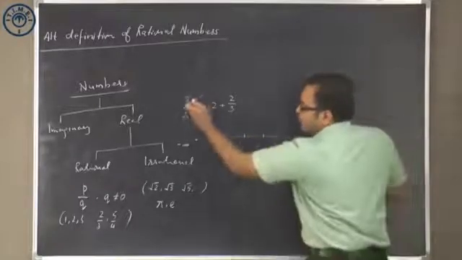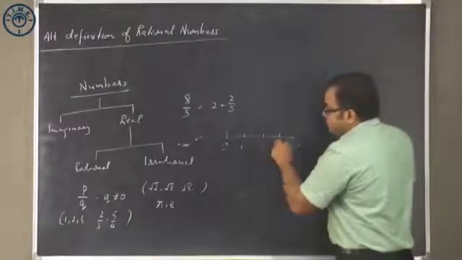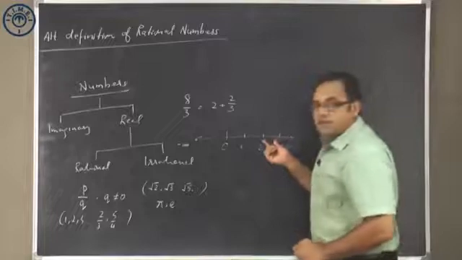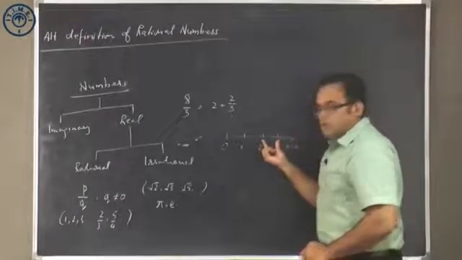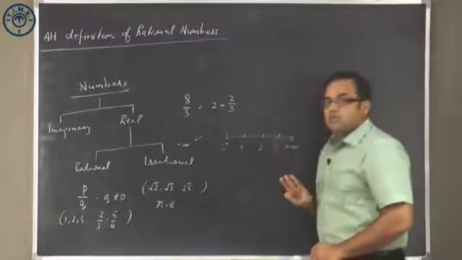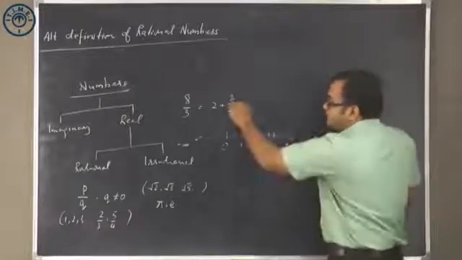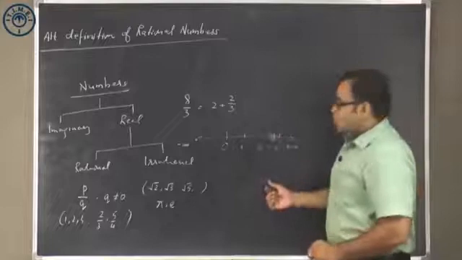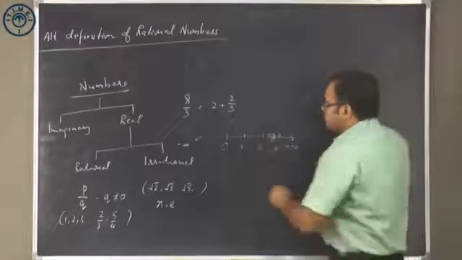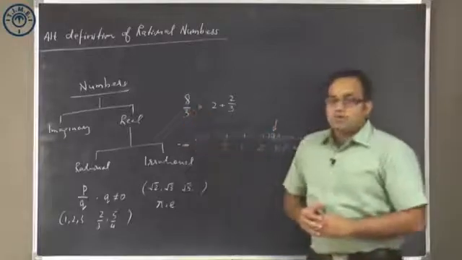If I have to count 8 upon 3, 1, 2, and then over here I need to take 2 by 3. For 2 by 3, I'll divide this range 2 to 3 into 3 equal parts, and having divided this into 3 equal parts, I will take 2 portions from here. So this becomes 2 upon 3. Overall, 1, 2, 2 upon 3. So this is precisely the point that will represent 8 upon 3.